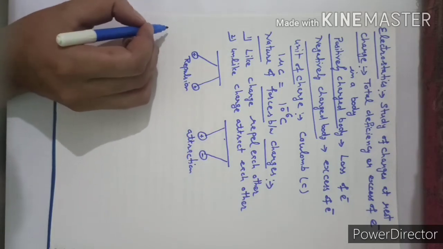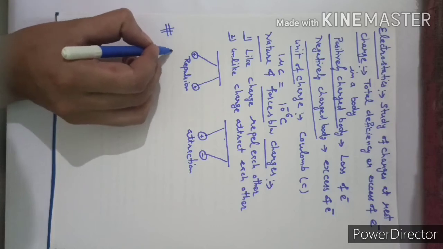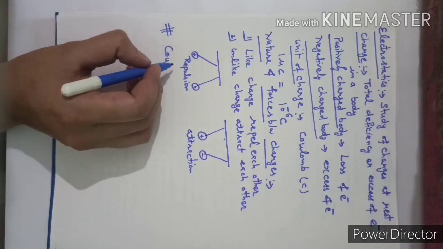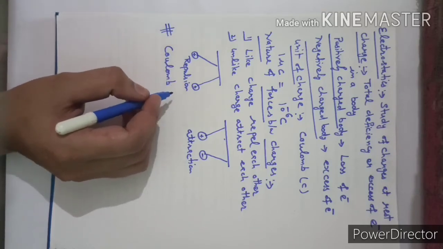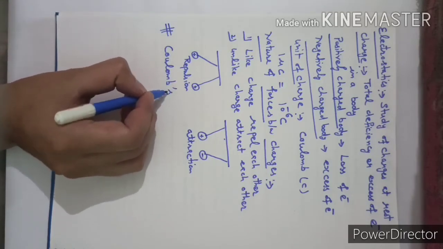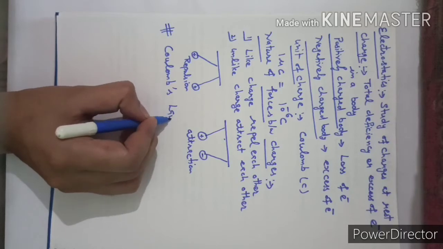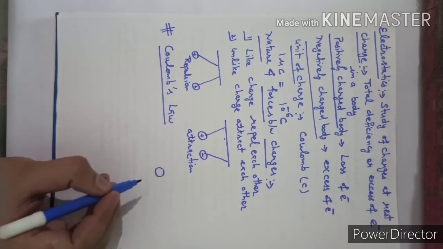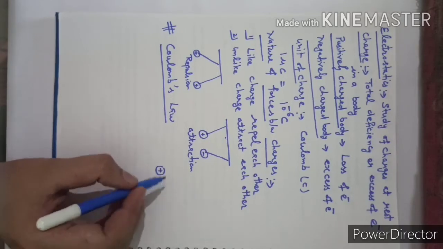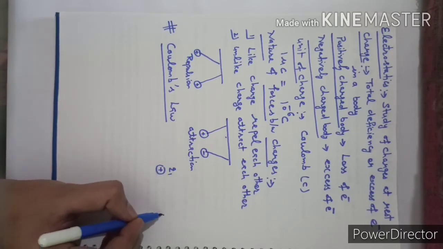What is Coulomb's law in electrostatics? Suppose we have two charges. One is positive, this is Q1 charge.